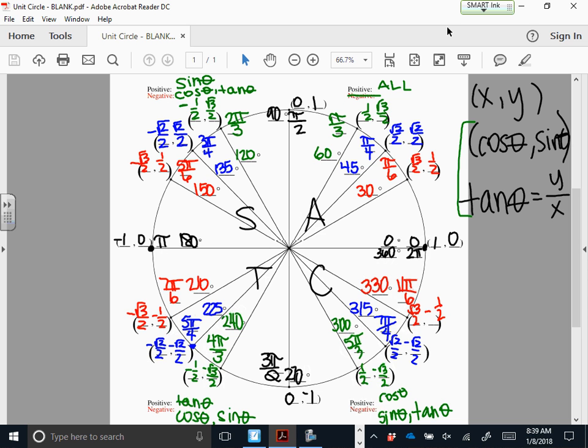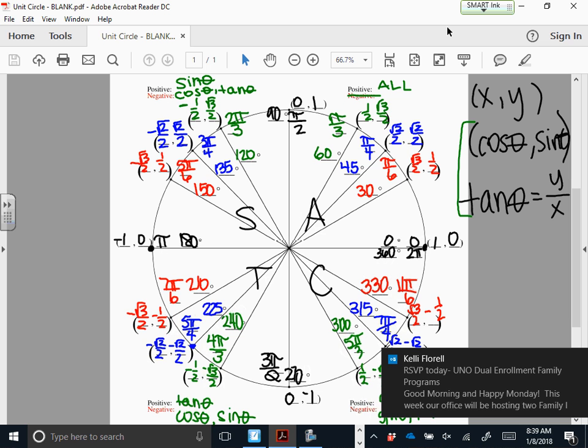All right. So basically, this is your tool to remember these special angles and their values quickly. When you get to calculus, you will appreciate how quickly you can recall this information. All right, but let's just practice. Let's take the angle 5 pi over 6.